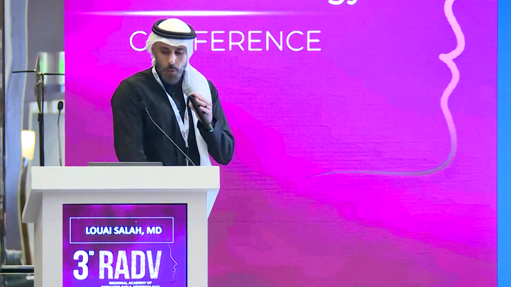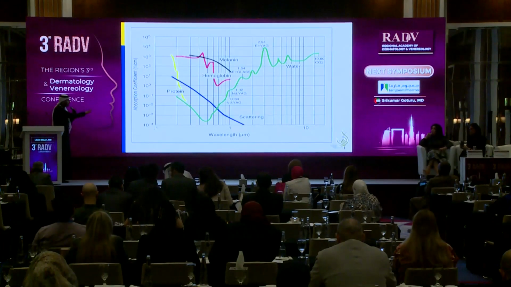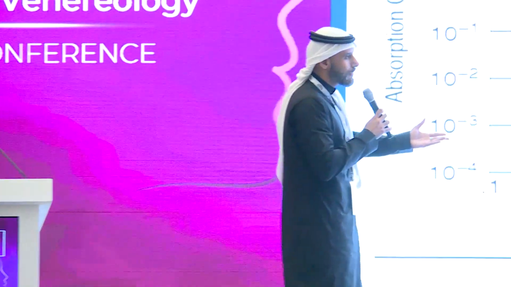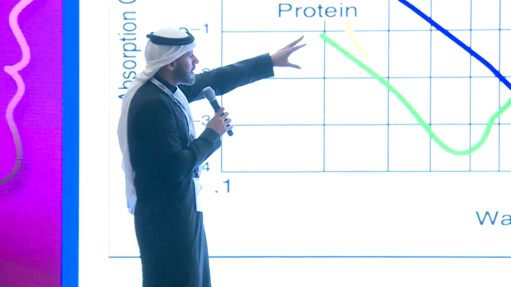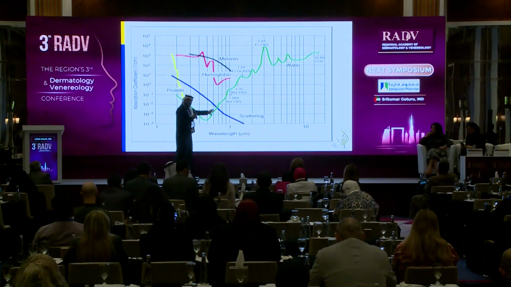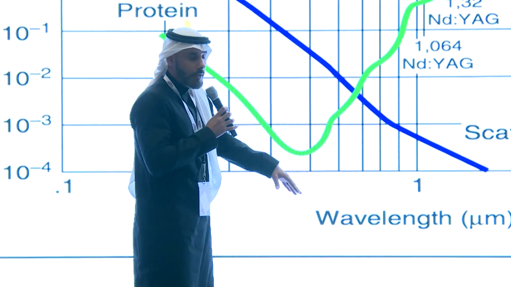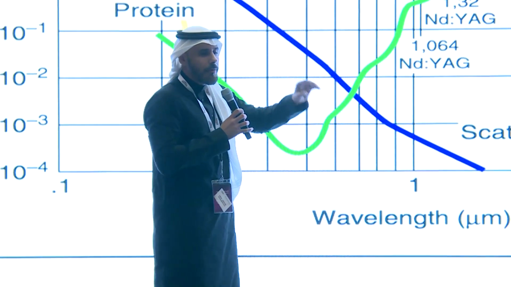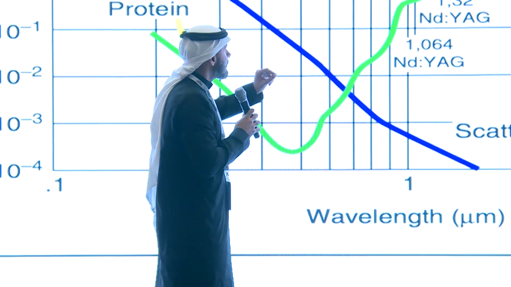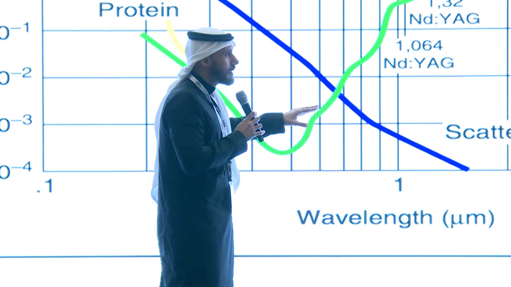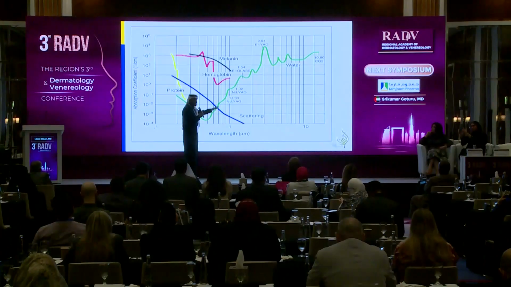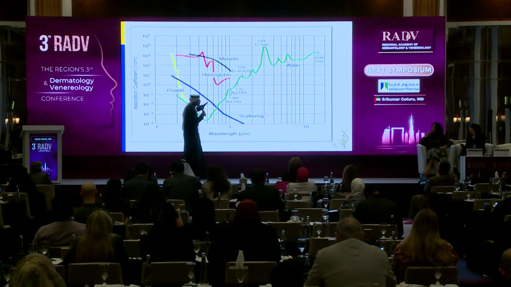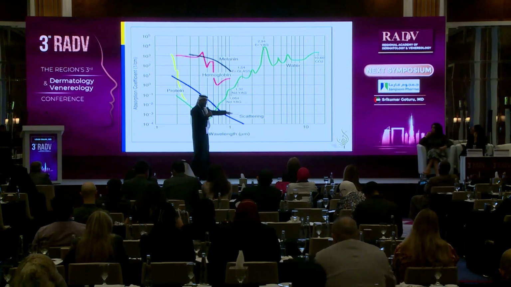We'll start with the first one, which is a given: use the right wavelength. We're all familiar with this graph, right? Basically, people with darker skin have more epidermal melanin. So if we use a laser in the visible light wavelength, we have a very high absorption of melanin, okay? If we use a ruby laser, which is 694, we will have more absorption by epidermal melanin in comparison to the 1064 Nd:YAG.